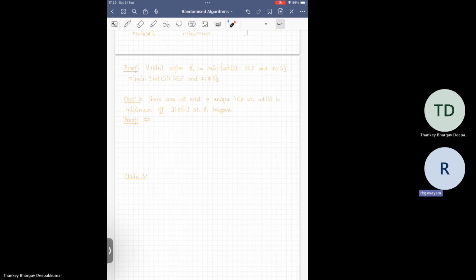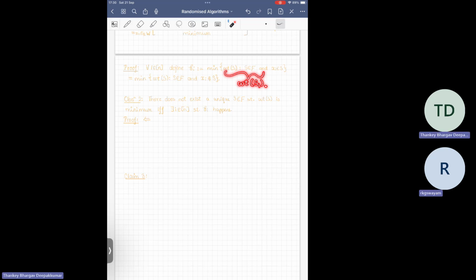Why so? Okay, so let's say over here the minimum is W(S1), right? So my question is, can you say that W(S1) is also minimum among the weights of all S in F? Over here, W(S1) is minimum only among all S in F which contain Xi, right?